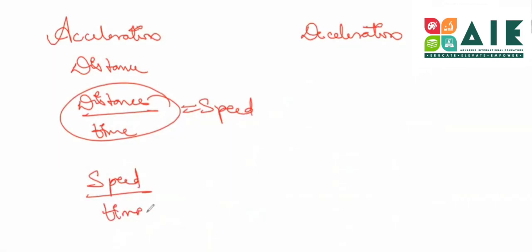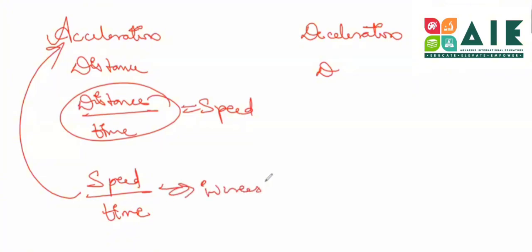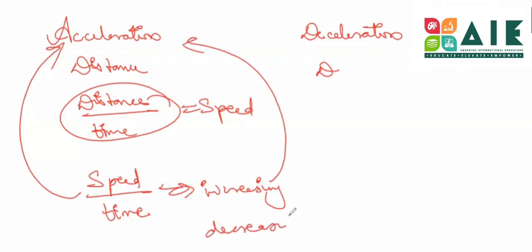Speed over time is nothing but your acceleration. Speed over time can increase or decrease. If it is increasing in nature, it will be known as acceleration. If it is decreasing in nature, it is deceleration.